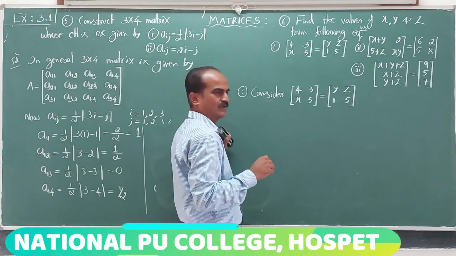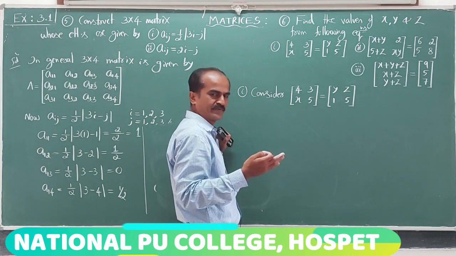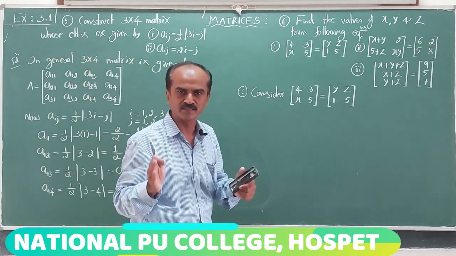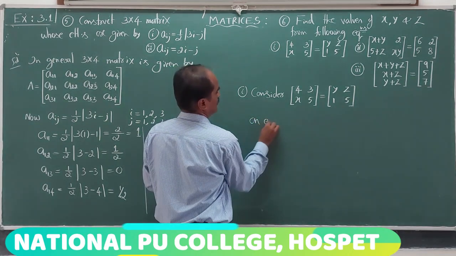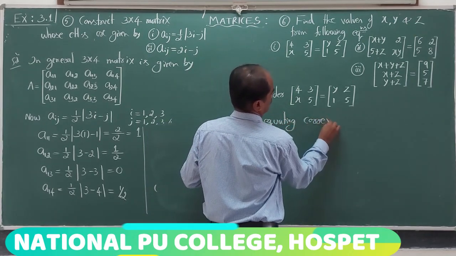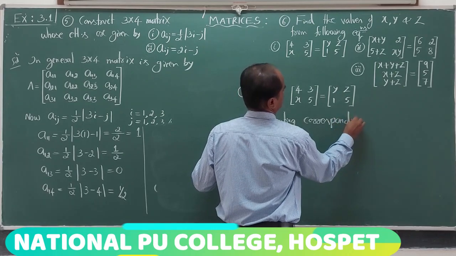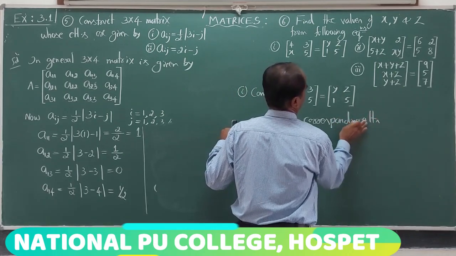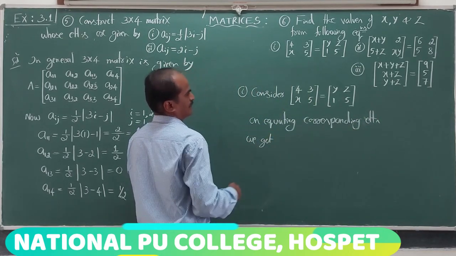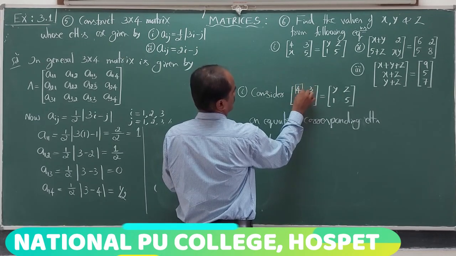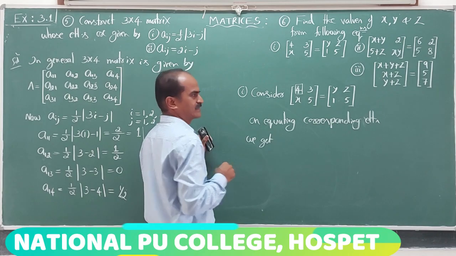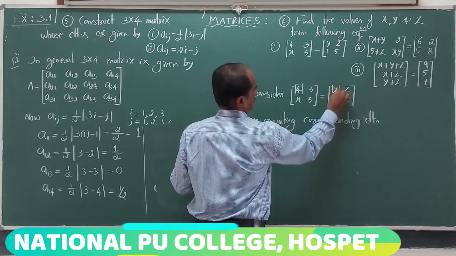Look at the order. Yes, order is the same. Now, if these two matrices are equal, their corresponding elements must be equal. Therefore, now we have to equate their corresponding elements. On equating corresponding elements, we get: for this element 4, the corresponding element in the second matrix is y.